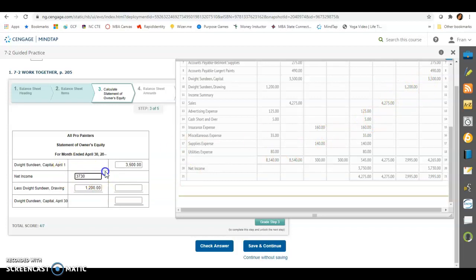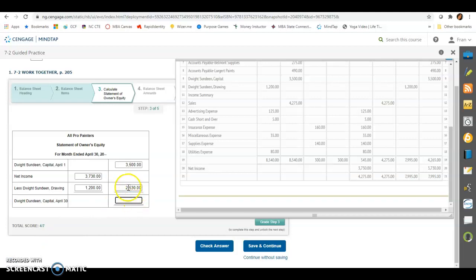So we're going to take the 3,730 and subtract, because that's the positive towards owner's equity. If we had a net loss, we would add these two together, but the 3,730 is a positive towards owner's equity, or a credit. The owner's drawing is a debit. So when you subtract the two, you get $2,530.